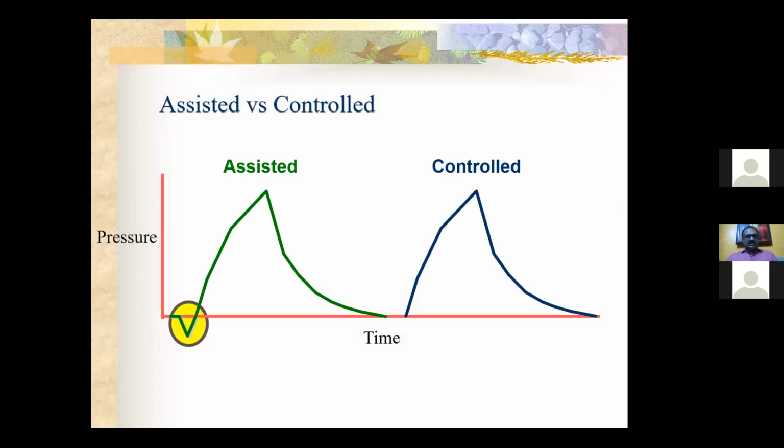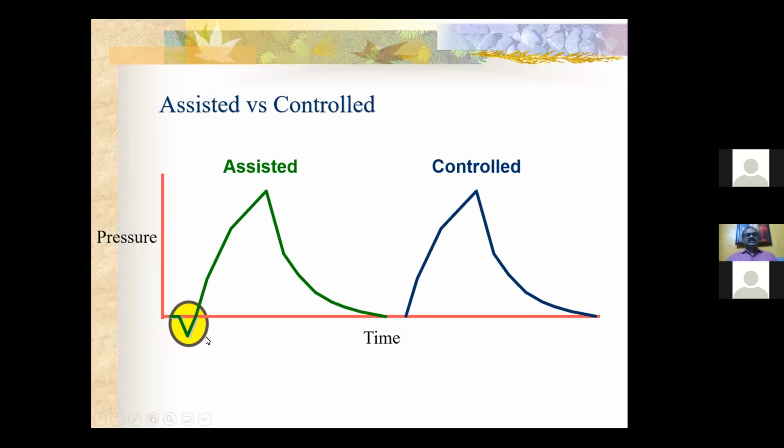So what you're going to see in that graph is this: this is a spontaneous breath. That's a negative pressure that is being recorded at the start of inspiration. That is what we call a trigger.